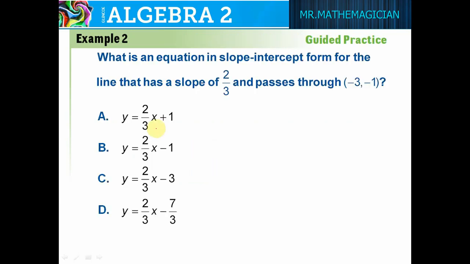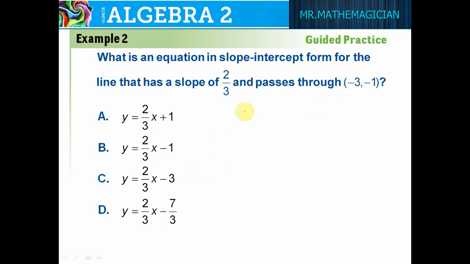Now it's your turn to solve. What is an equation in slope-intercept form for the line that has a slope of 2 over 3 and passes through negative 3 and negative 1?